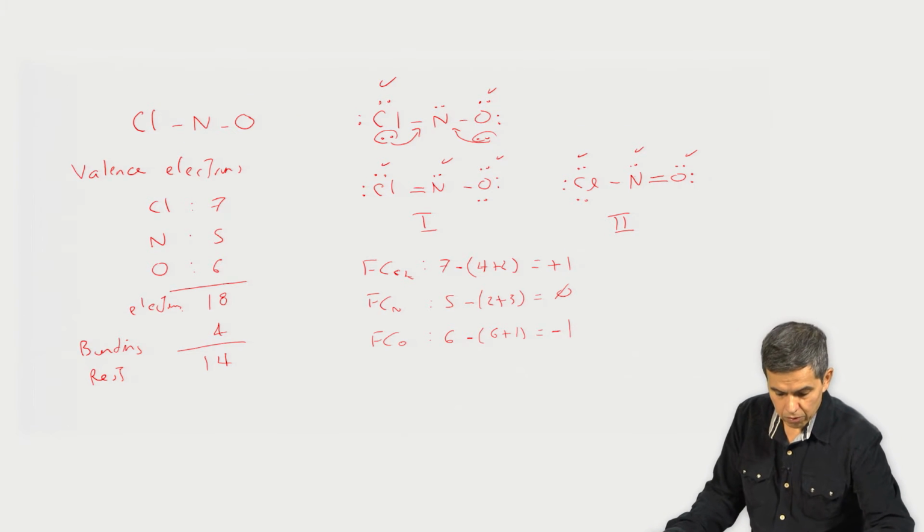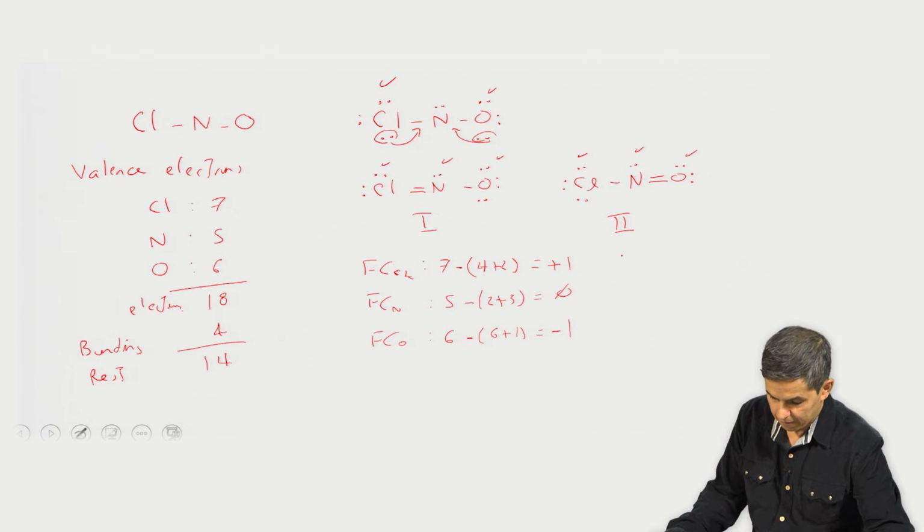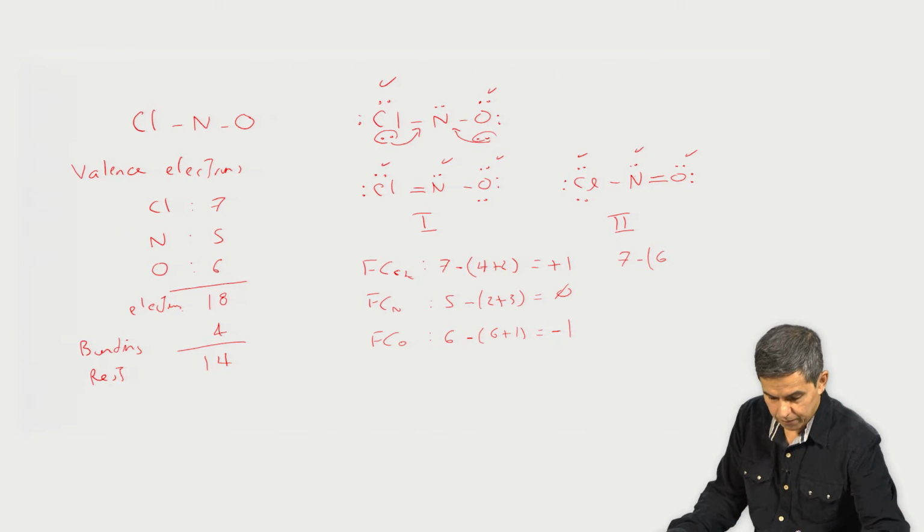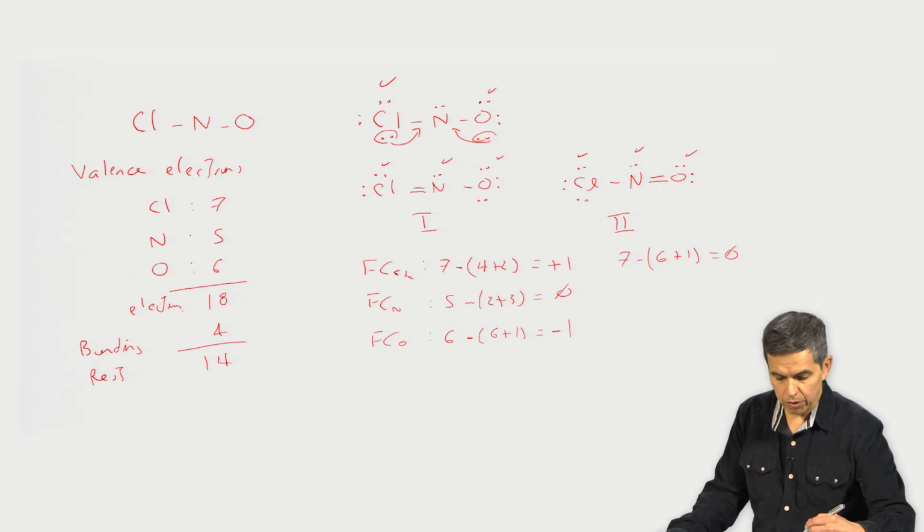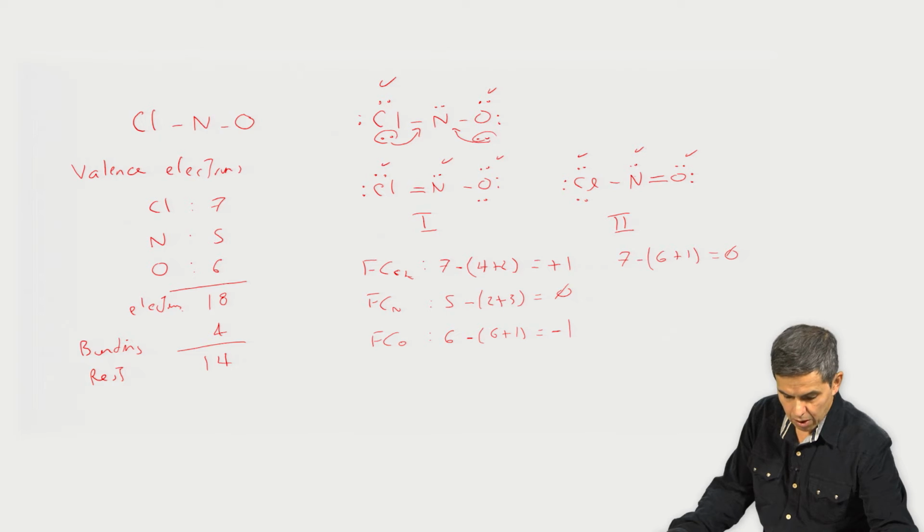For structure 2, we have 7 electrons for chlorine, 6 for the non-bonding, and 1 that is being shared, which gives a formal charge of 0 for chlorine.